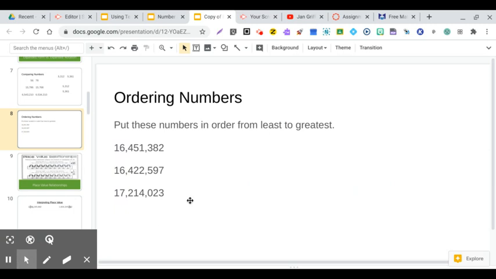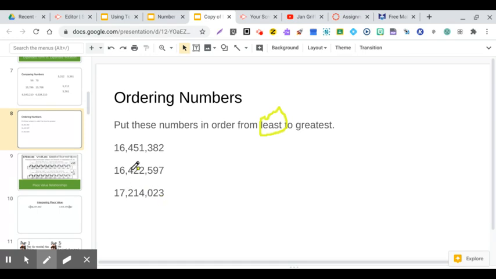All right, so here we have 3 new numbers, and we're going to put them in order from, what does it say? Let's look for our important clue word, least to greatest. So we're putting it in order from least to greatest. The first thing you always want to look at is, how many commas do they have?